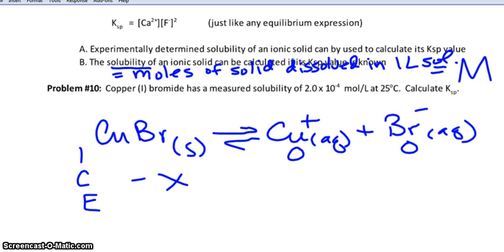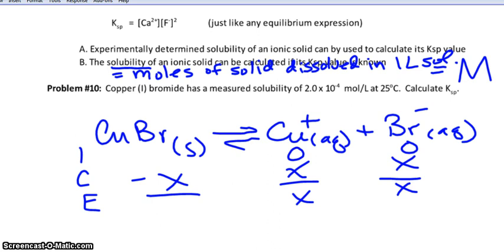And now we can say, well, how many moles of copper ion will be formed? X. How many bromide? X. All right, so at equilibrium, how much copper bromide do I have? I don't have a molarity. You can't really answer that. But can you talk about how many ions of copper you have and how many ions of bromide you have? Yes, so you can talk about its equilibrium concentration.